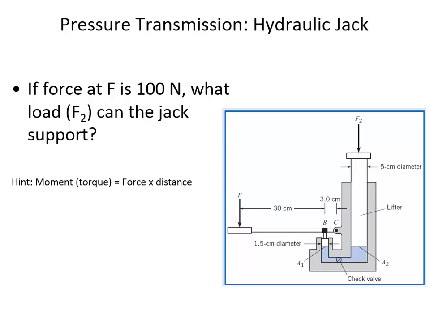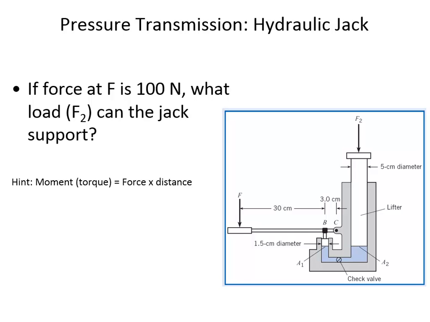Okay, so we start off with the handle, and 100 newtons is being applied 33 centimeters away from this point about which it pivots. Okay, so 33 centimeters, and then this force, I'm going to call it force B, is only 3 centimeters from the edge.